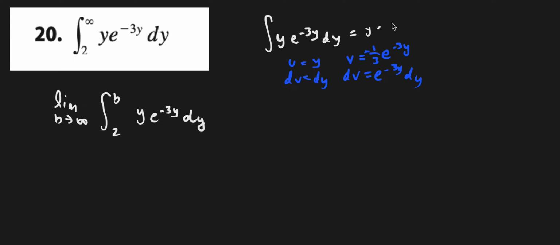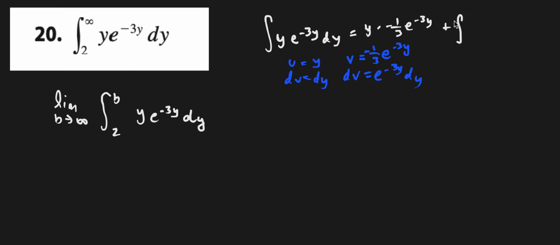This is just going to be equal to y times negative 1/3 e to the negative 3y, subtracted by the integral of v du, where v is negative 1/3.